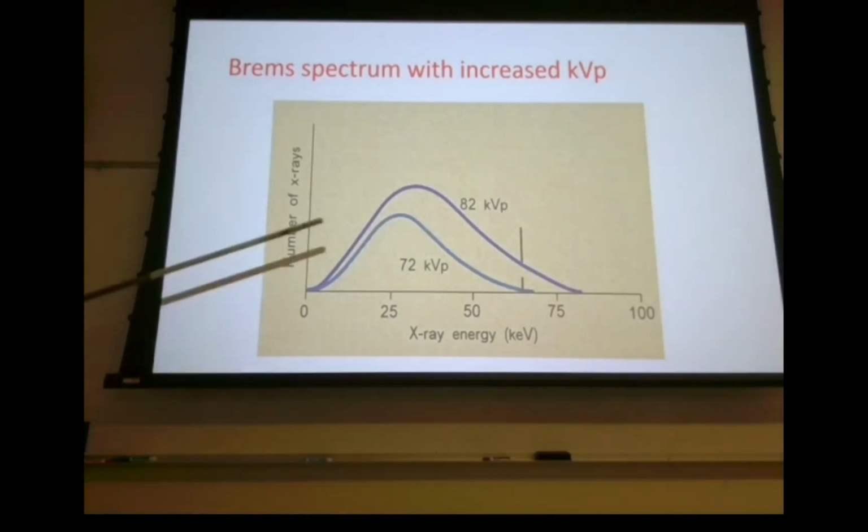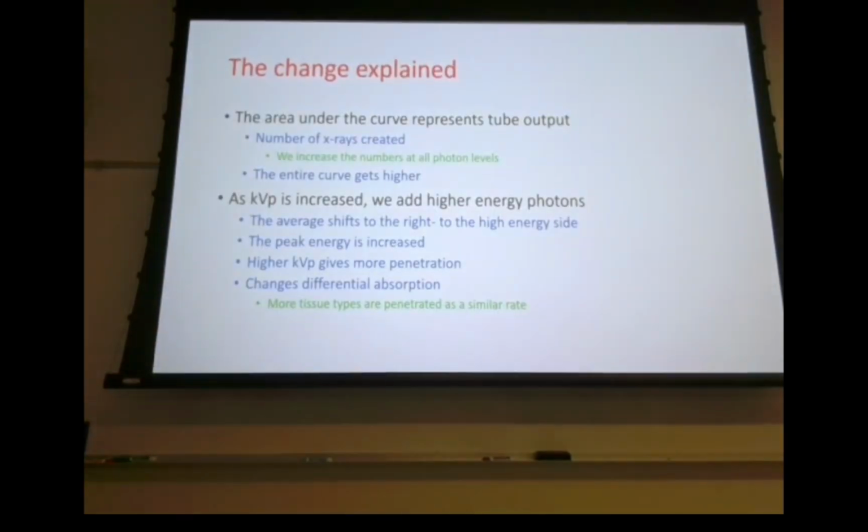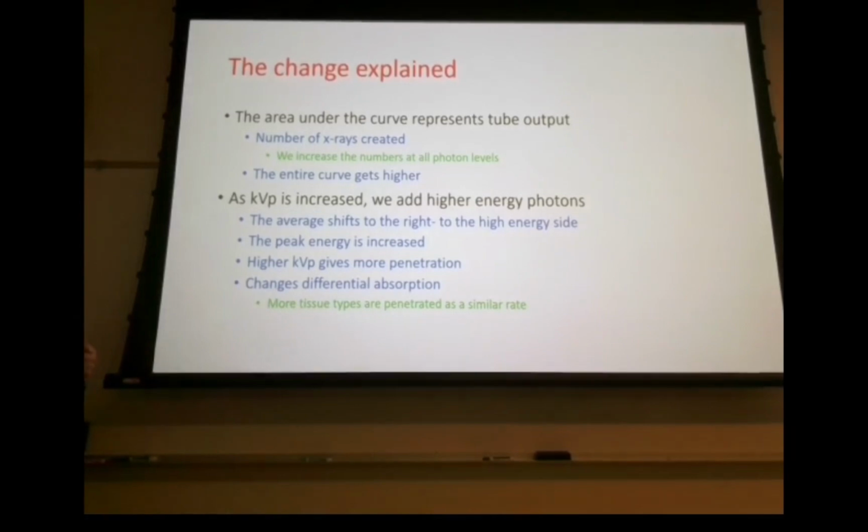What represents that in the spectrum? The area under the curve. So, absolutely true. The numbers increase at all levels that we emit, saving for those low energy photons that are filtered out. But the ones that do make it through at low kVp are going to make it through at high kVp.